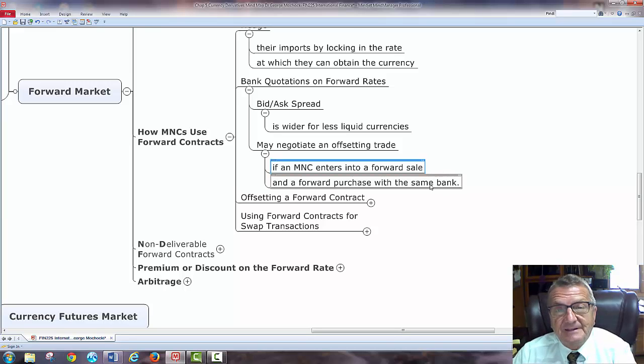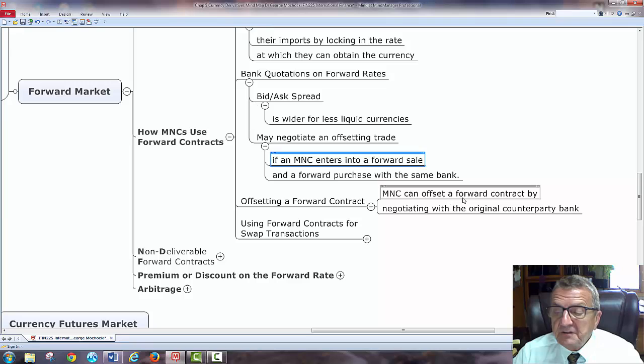So I'm buying and selling at the same time. For lack of better words, I'm trying to negotiate so it comes out, at least I break even. Hopefully I'll make money on this one. And offsetting a forward contract, an MNC can offset a forward contract by negotiating with the original counterparty bank. Very good, okay.